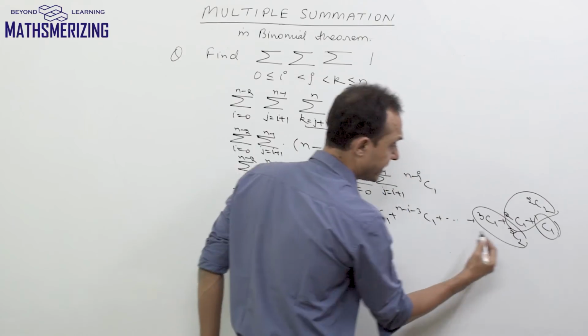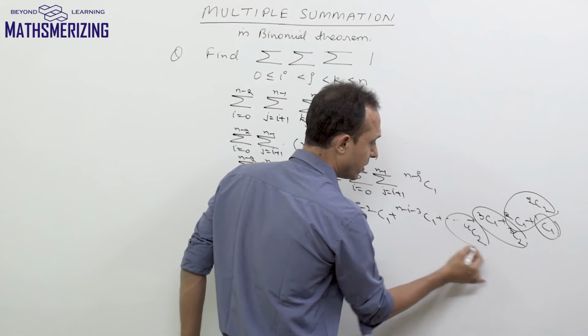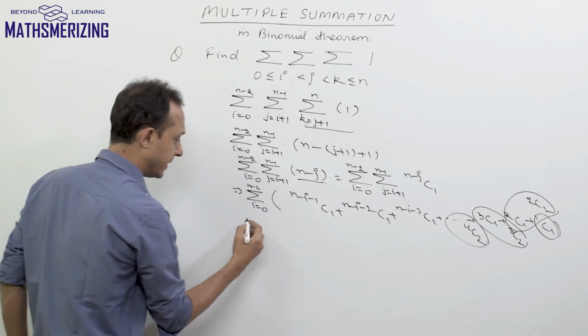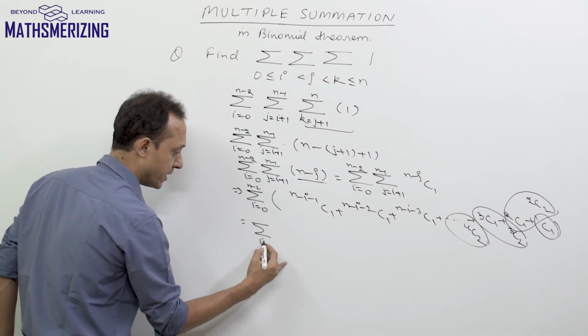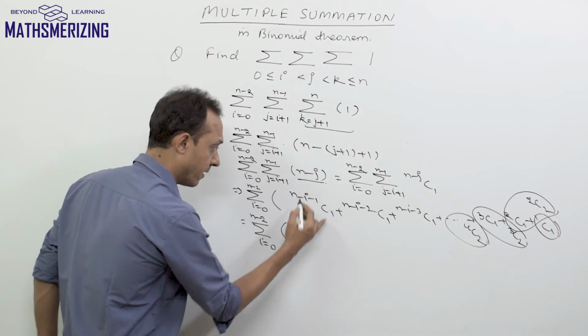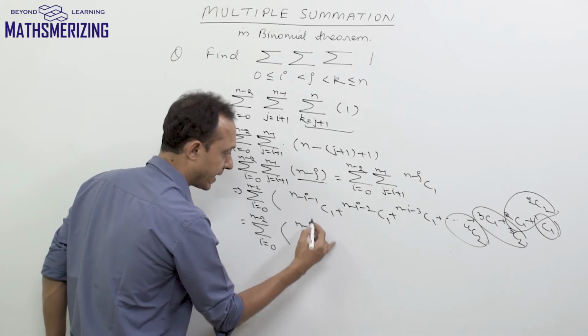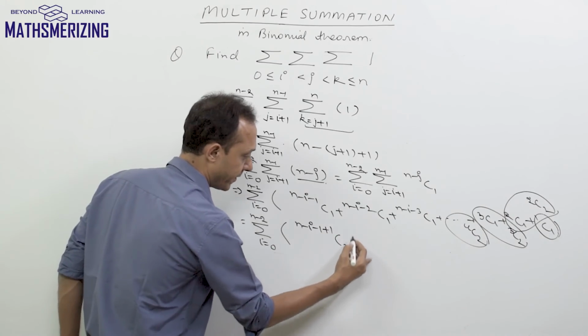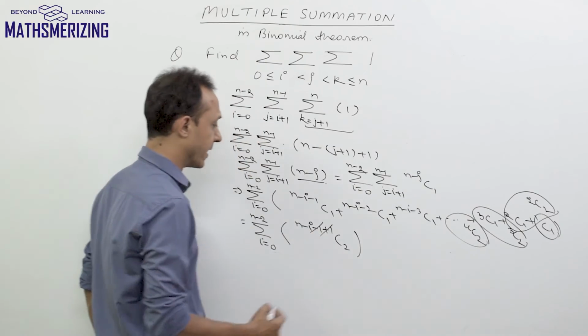Now 3c1 plus 3c2 will be 4c2. In the same way, if I solve the series, I'll write it as summation i varies from 0 to n minus 2, and the last one should be n minus i minus 1 plus 1, and then c2. So minus 1 and plus 1 will cancel.